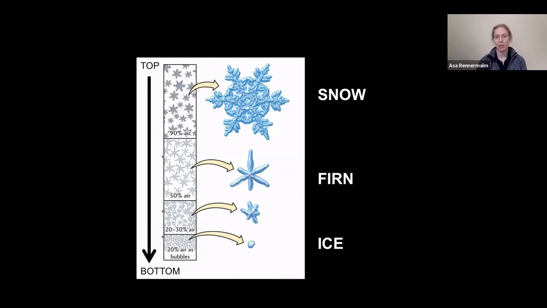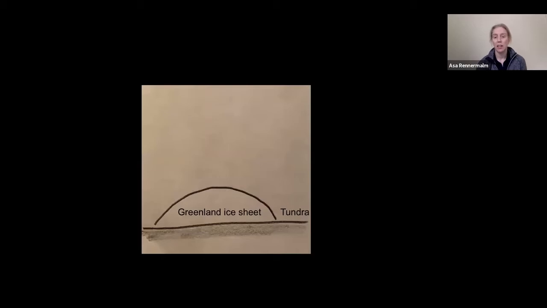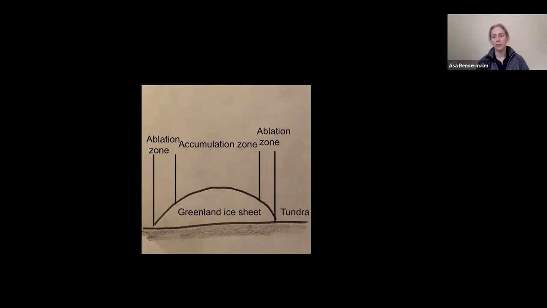So quite a lot. All right, so where do we have firn? Well, I'm going to show you some beautiful drawings that I did of a schematic of the Greenland ice sheet, a cross-section of the Greenland ice sheet and the tundra on both sides and bedrock below it. Now, you can divide the ice sheet basically in two zones, the ablation zone and the accumulation zone. What's different about these two zones is that in the ablation zone, you have more melting than snow accumulation.